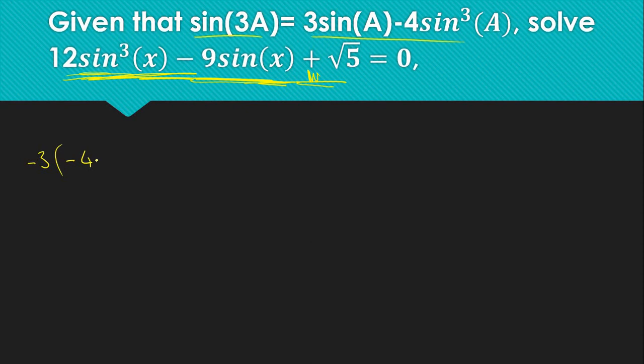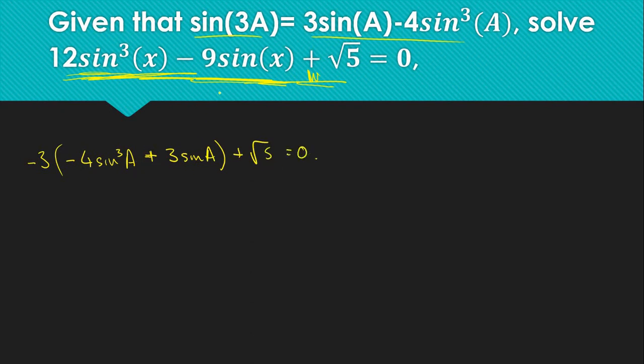So we're going to get -4 sine cubed of a plus 3 sine of a.